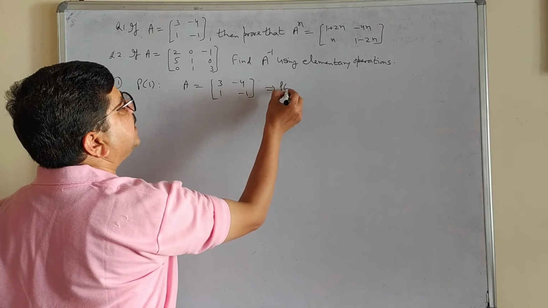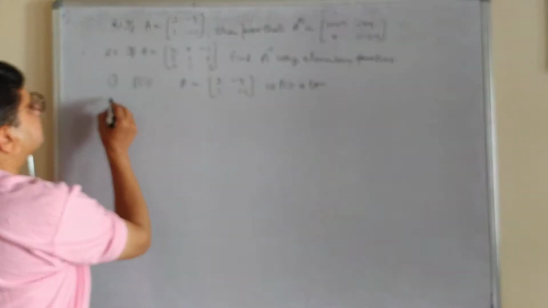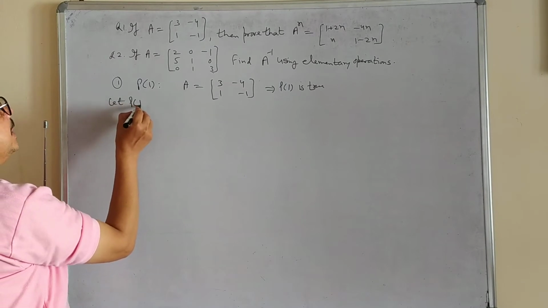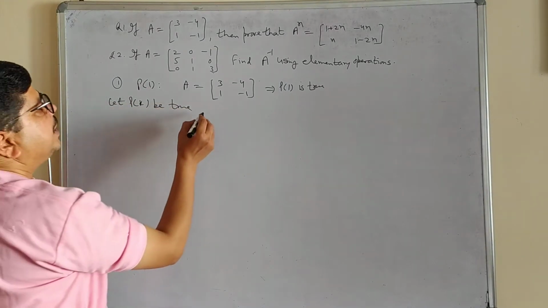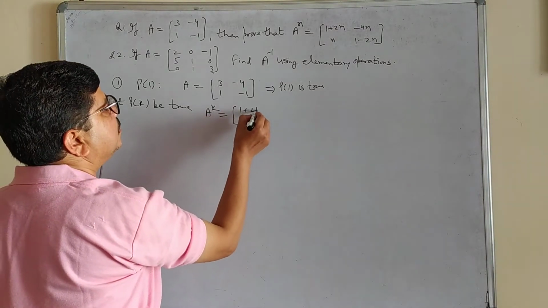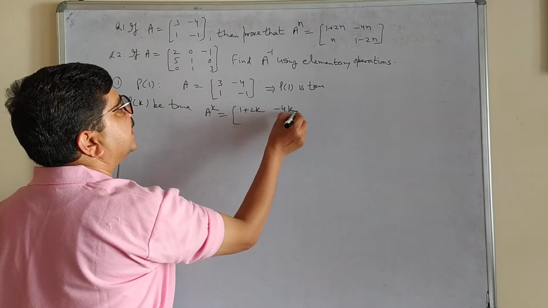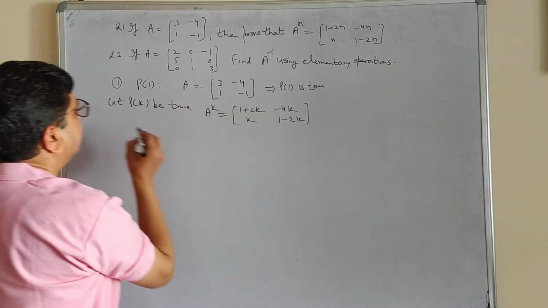It means P1 is true. Let Pk be true. When Pk is true, it means A power k equal to 1 plus 2k, minus 4k, k, 1 minus 2k.